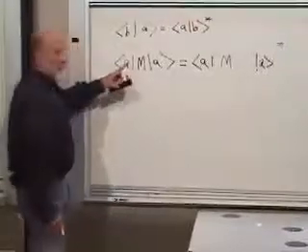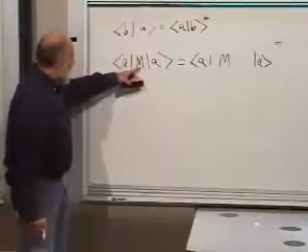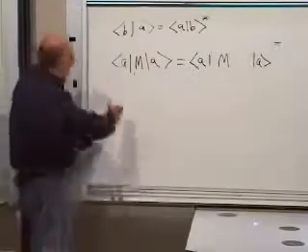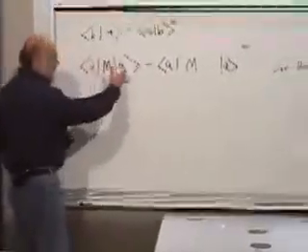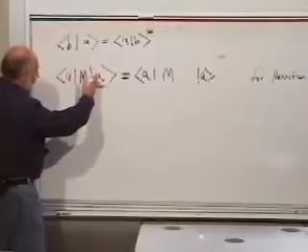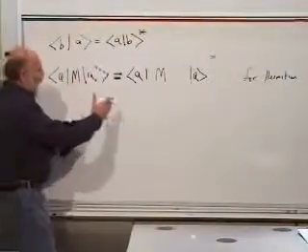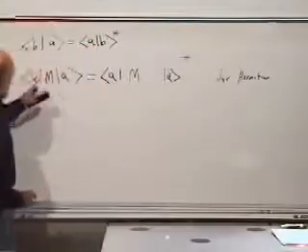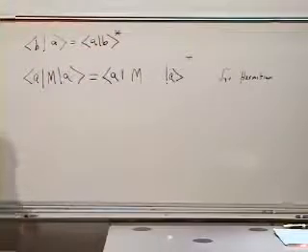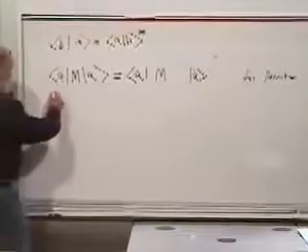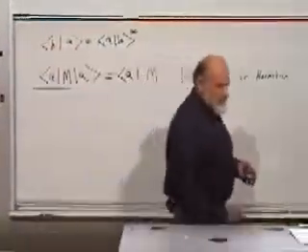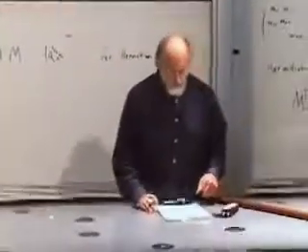It says that the matrix element of M sandwiched between two states which are the same state A on both sides is equal to its own complex conjugate. What does that say about AMA? That it's real. So if you have a Hermitian matrix, this was a theorem that I was going to ask you to prove, but I just proved it.